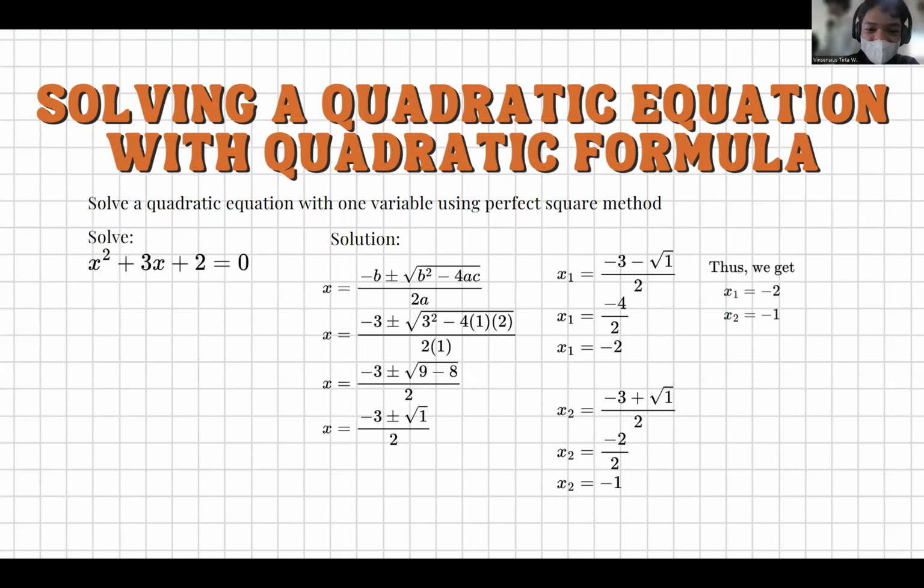Then for this example, we're going to solve a quadratic equation with the quadratic formula. In this case, we're going to solve x to the power of 2 plus 3x plus 2 is equal to 0. The quadratic formula is x equals minus b plus minus the square root of b to the power of 2 subtracted by 4ac, and the sum is divided by 2a.